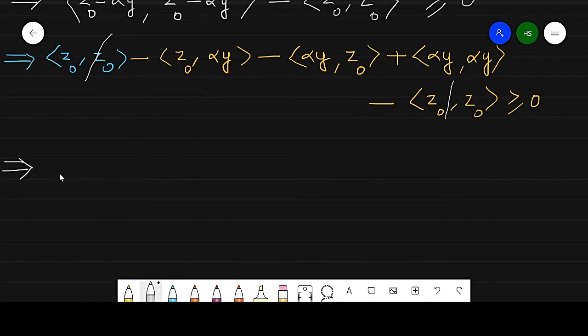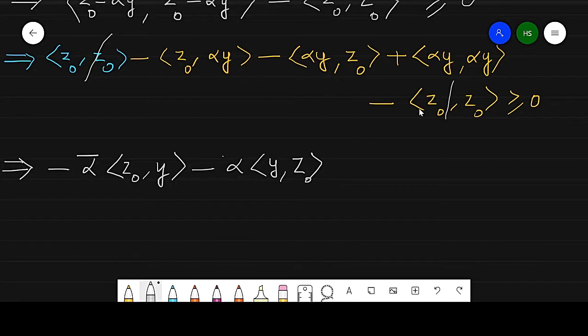Now from this, if I take minus alpha conjugate z naught comma y: if we take the scalar from the first element, it is alpha, and from the second element, it is alpha conjugate. Now from this, minus alpha y comma z naught, because this is from the first element.